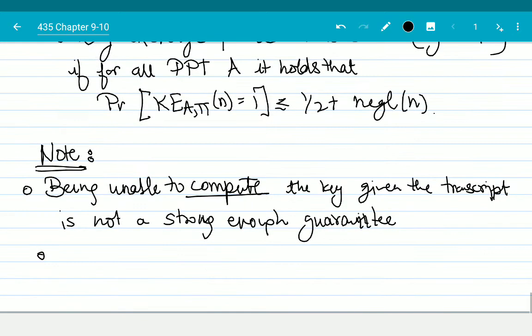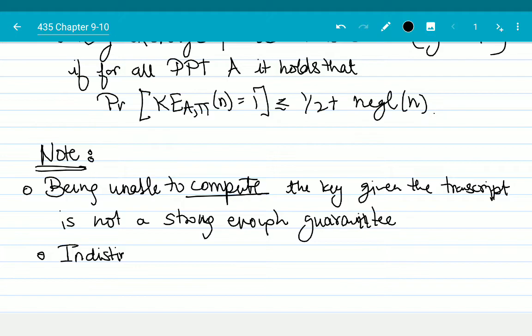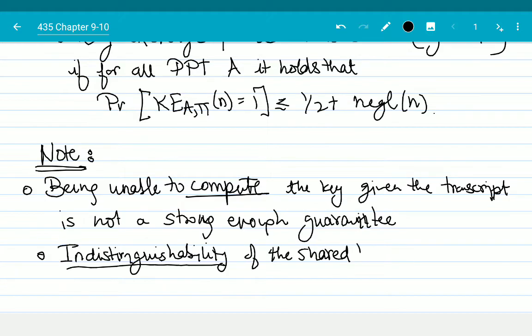What we're basically saying is, even if I show you the key, you should not be able to say, oh yes, this is the key. Of course it makes sense, right? It should be completely indistinguishable. So indistinguishability of the shared key from uniform is a much stronger guarantee.